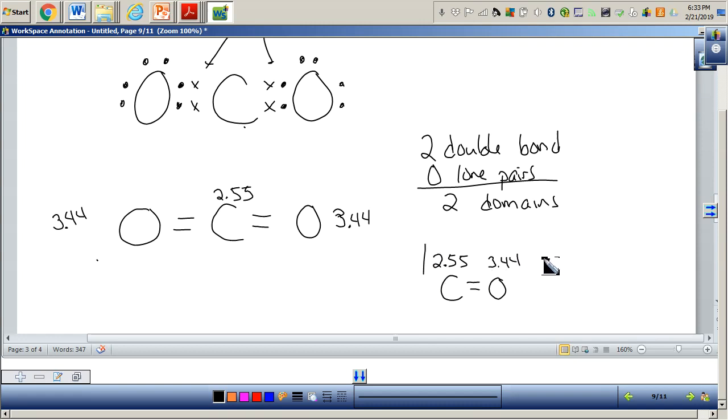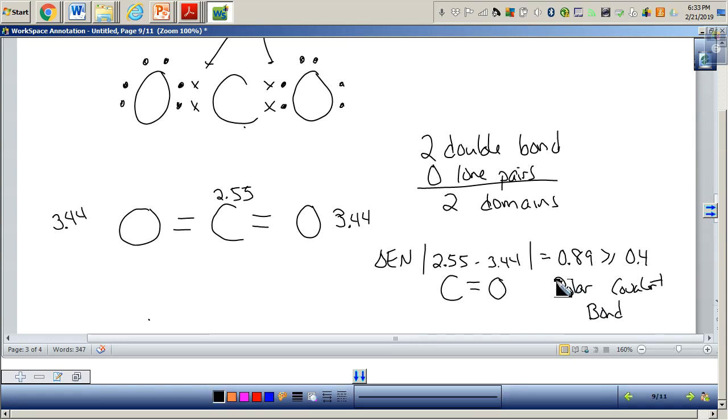And then remember, it's the absolute value. So if I look at a carbon double bonded to oxygen, my delta EN is 0.89. That's greater than or equal to 0.4. So that means this is a polar covalent bond. Be careful. I'm not saying polar covalent molecule. I'm saying polar covalent bond.